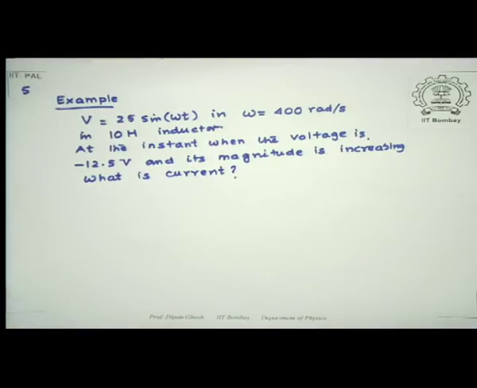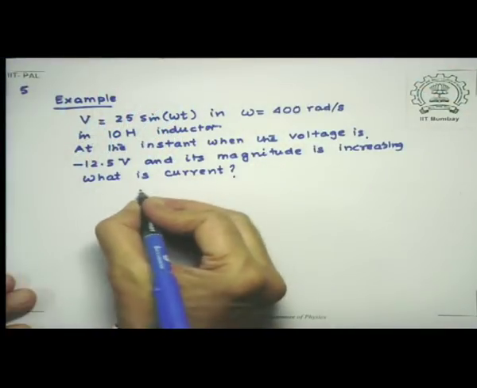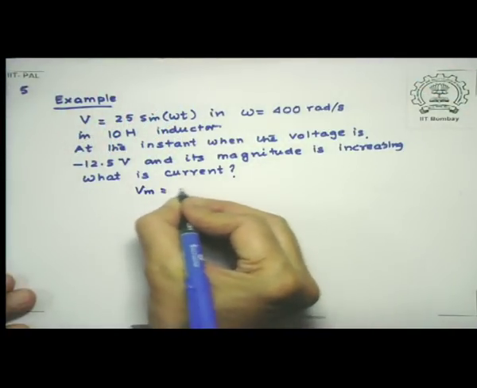This example will sort of help you understand various terminologies that I have been using. So first, the maximum value of the voltage Vm is 25 volts.